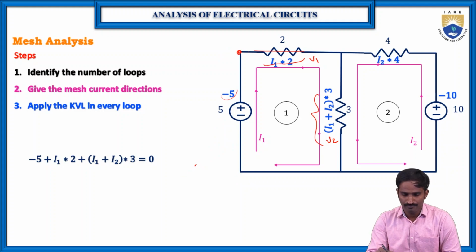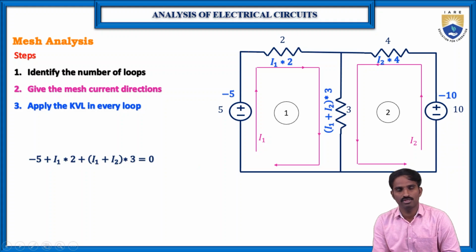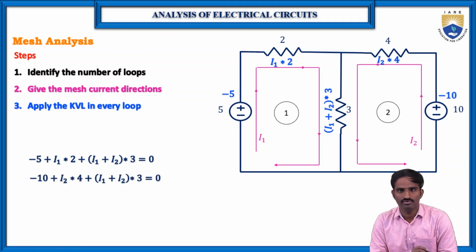Now in a similar way we need to write the equation with respect to loop 2. So here also, similarly, minus 10 plus I2 into R4 plus (I1 plus I2) into R3.